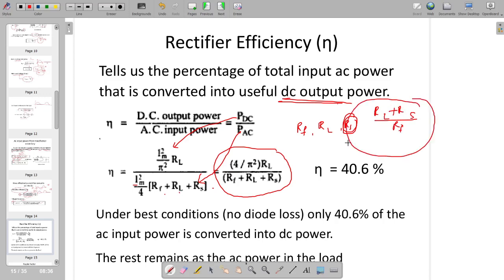Neglecting all the negligible terms, we get the efficiency as 40.6 percent. This is calculated from the equation 4 upon pi square.